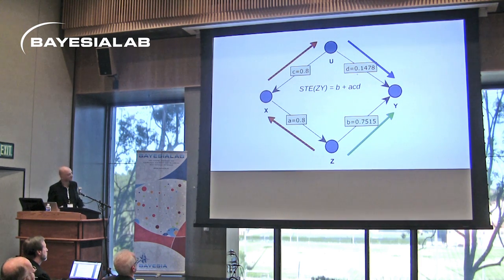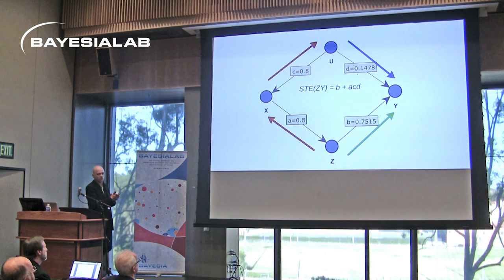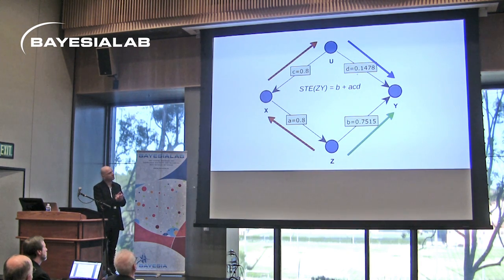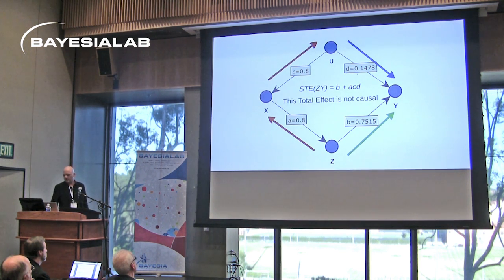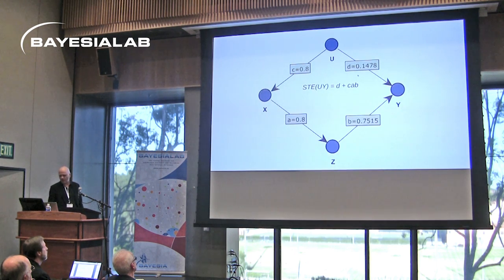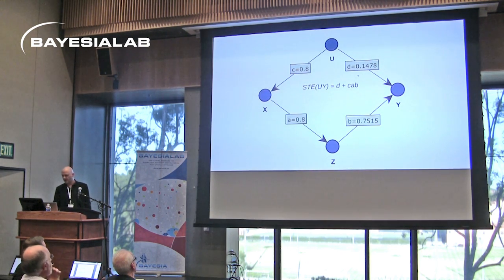And here we can see that this is not causal. So the red arrows here, as I said, we are dealing with a causal graph, right? So the link xz is not the same as zx. So we are not here going in the causal direction. We have another one here, uy.